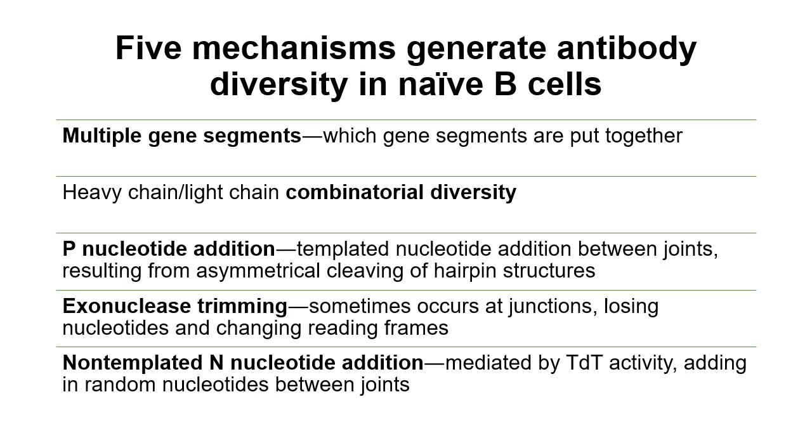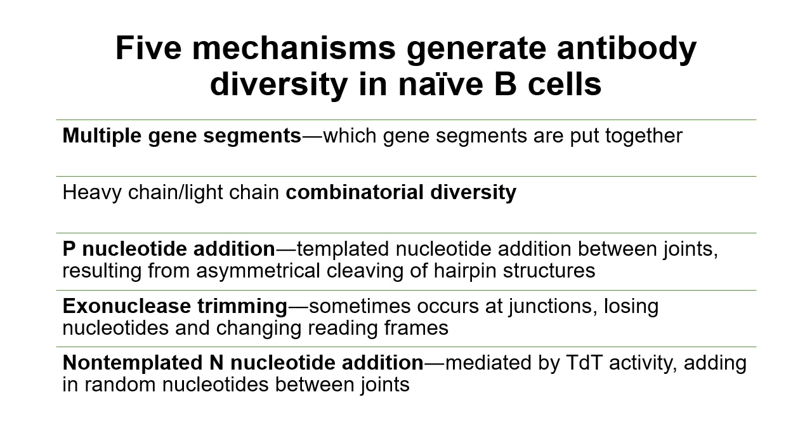The second mechanism for antibody diversity is heavy chain and light chain combinatorial diversity, because not only did the heavy chains and light chains have all of these little gene segments, but then you could put a heavy chain with either a kappa or a lambda light chain, and any of those possible combinations of the kappa or lambda light chains.